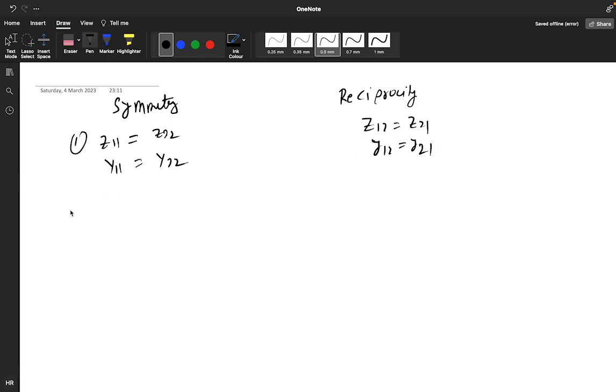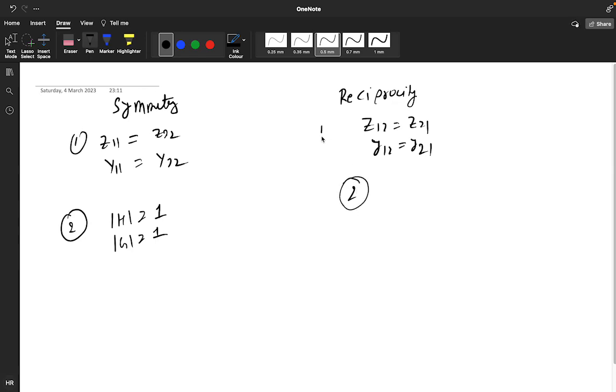Second one, for symmetricity, determinant of H is equal to 1, determinant of G is equal to 1. For reciprocity, H12 is equal to minus H21, and the same for G because both are inverses: G12 is equal to minus G21.